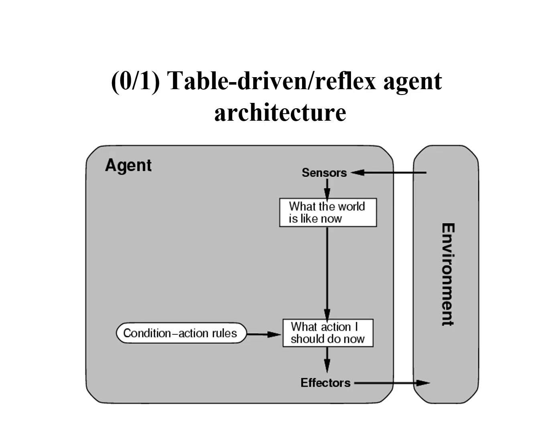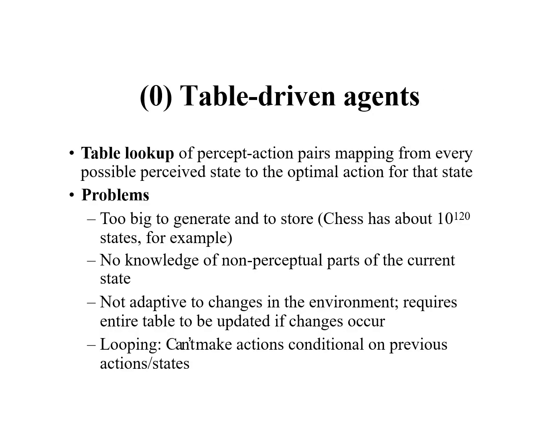And next, we will be looking at table-driven agents in more depth. So here, table lookup of percept-action pairs maps every possible perceived state to the optimal action for the state. The problem is that the table is too big to generate and to store.